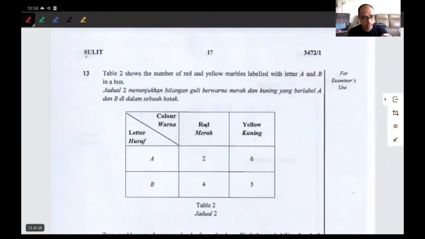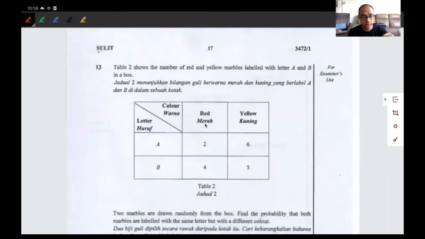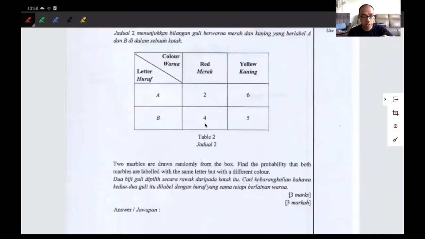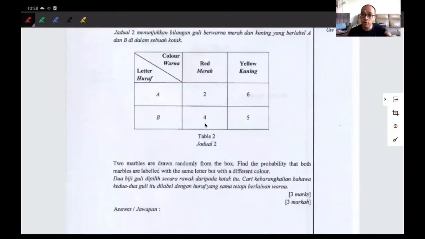All right. Question number 13, which is our halfway mark question. Table 2 shows the number of red and yellow marbles labeled with letter A and B in a box. Okay, so this is a little bit confusing, so I'm going to draw it. This is red A. There are 2 red A's. And there are 4 red B's.